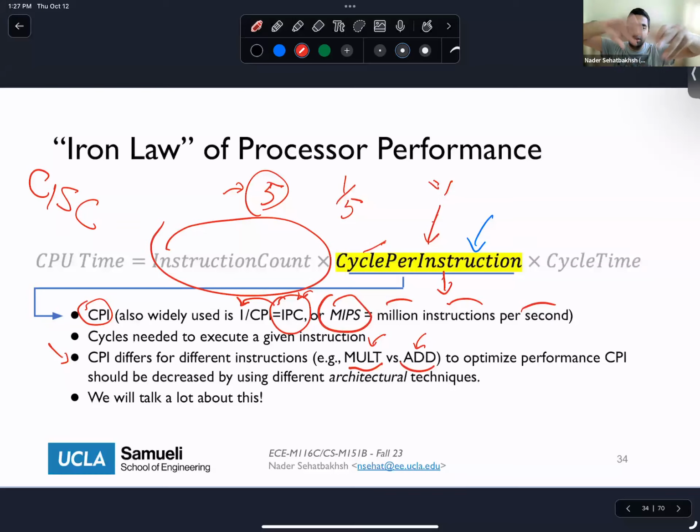So I'm not changing the algorithm. I'm just changing the way that I map this algorithm to the program differently. So I'm going to reduce this. But by doing that, unfortunately, I'm going to increase this because I make my processor more complex. So possibly it's going to require more cycles to run those instructions. Again, there won't always be a correlation between the 2 or 3 of these. Some of them are independent from each other and some of them are not, okay?